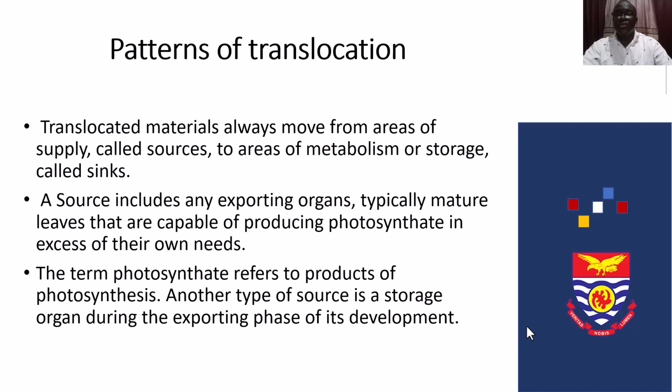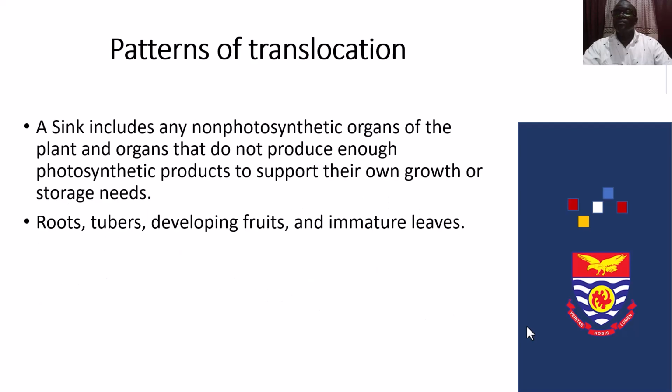Another type of source is a storage organ during the exporting phase of its development. A sink includes any non-photosynthetic organs of the plant and organs that do not produce enough photosynthetic products to support their own growth or storage needs.